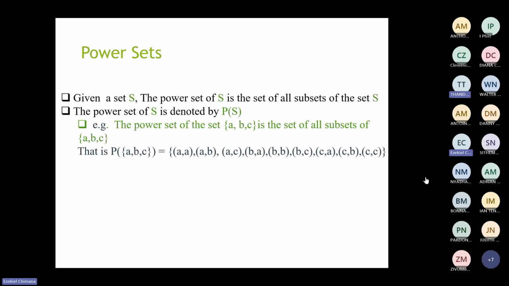Is that a correct answer? No, it's not correct, because it should start with an empty set first, and then the list of elements: A, then B, then C, then AB, AC, and so on. It's not a must to start with an empty set. You can even put it in the middle or at the end, but it must be part of it.